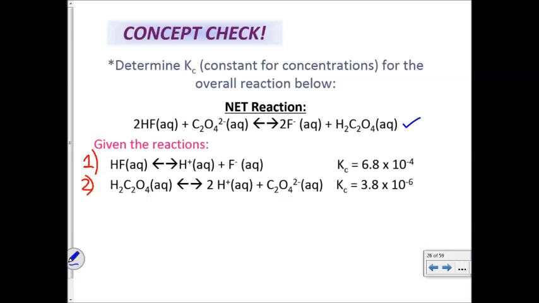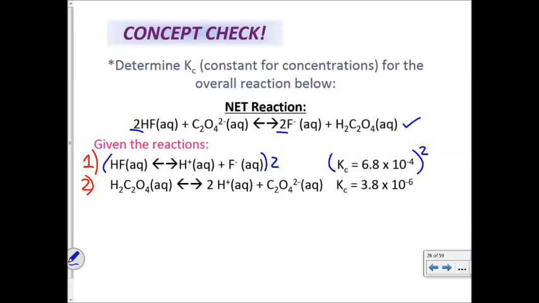Now, does it have the right amounts with it? No. In the series step, it only has a coefficient of 1. Up here, they both have 2s, right? So what should we do to that equation? Multiply this one by 2, right? Multiply it by 2, but that means what do we do to this K value?